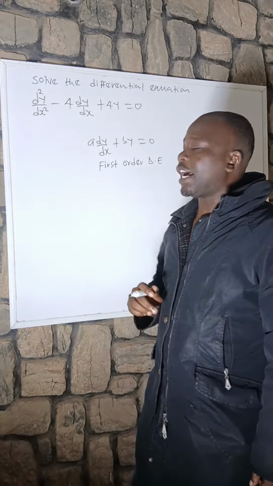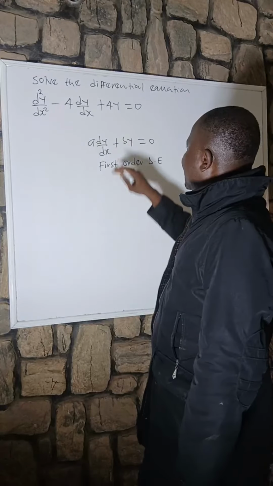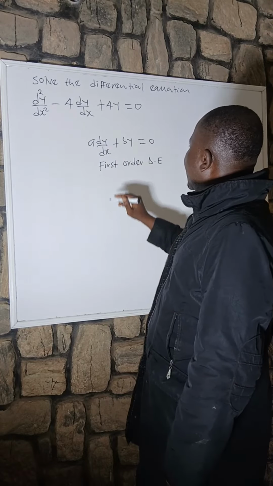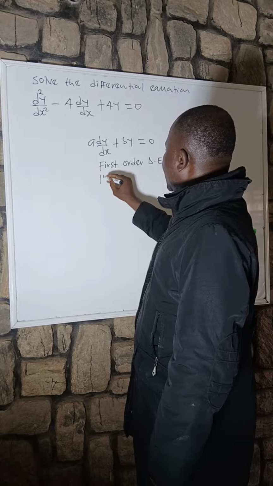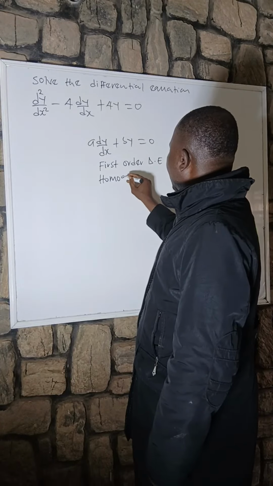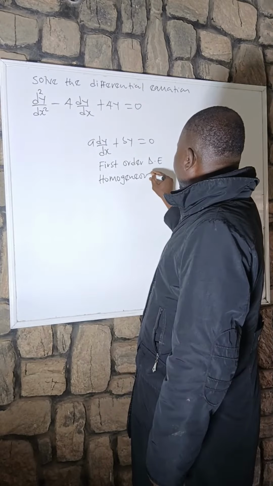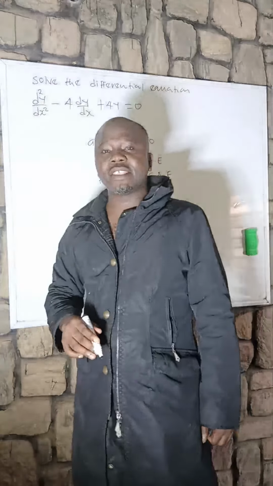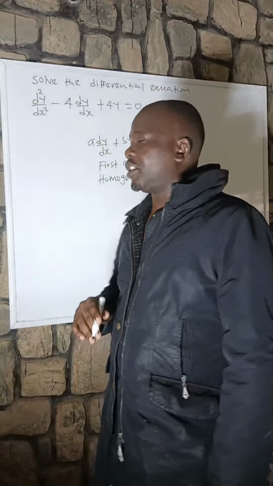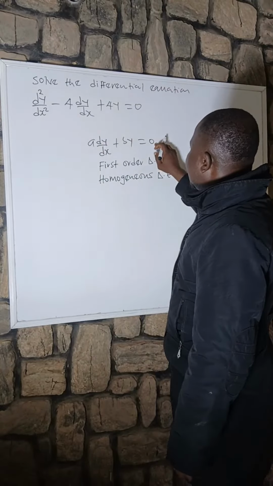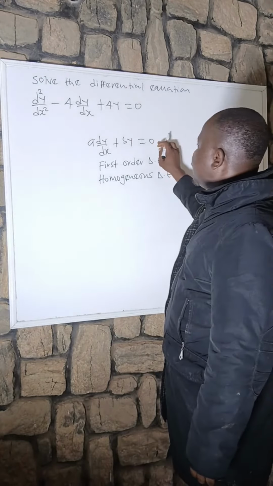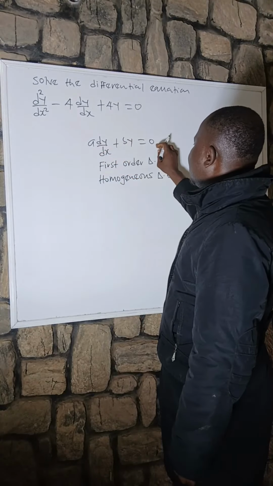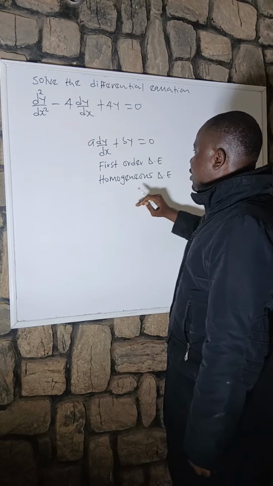Now, assuming you are asked what is the type of this differential equation, the type is homogeneous differential equation. What makes it a homogeneous differential equation is that the right hand side is 0. Is that clear? So if you see a differential equation of this form equal to 0, know that this is a homogeneous differential equation.